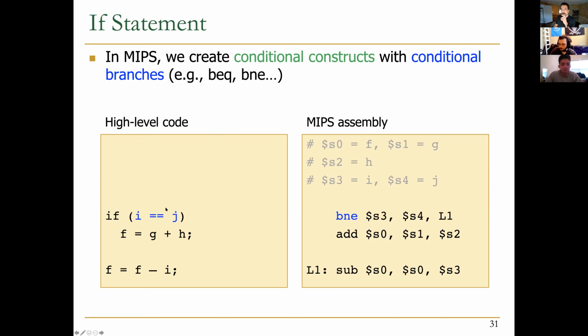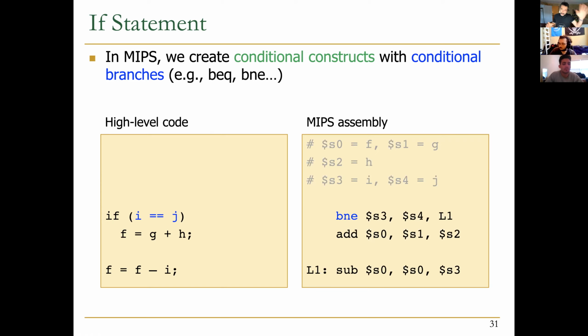One way of thinking: you know that in MIPS we don't have an if construct. An if construct is a way of deciding whether we want to execute a particular instruction if a condition is true.